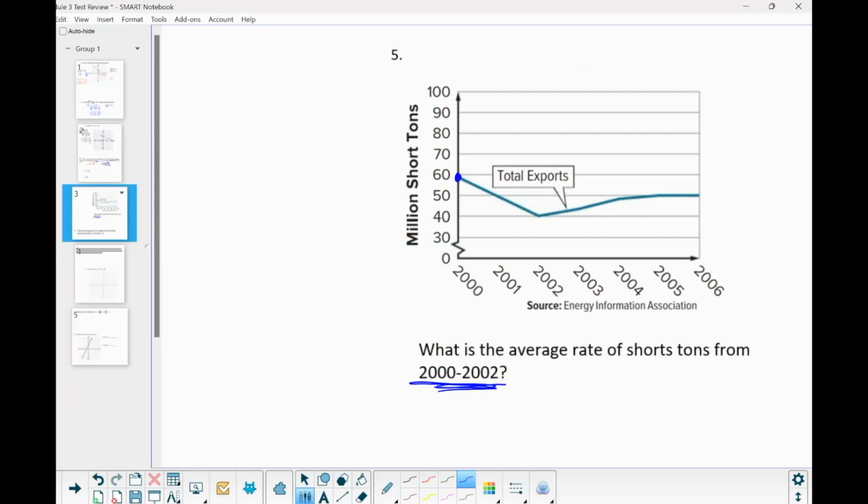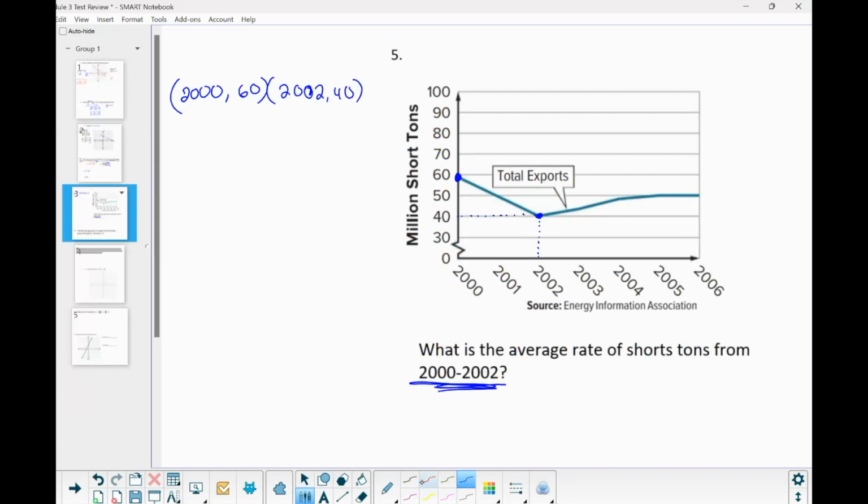So I'm going to put that at 2000, comma 60. And 2002 seems to be right here. We are looking at 2000, comma 60. 2002, comma 40.